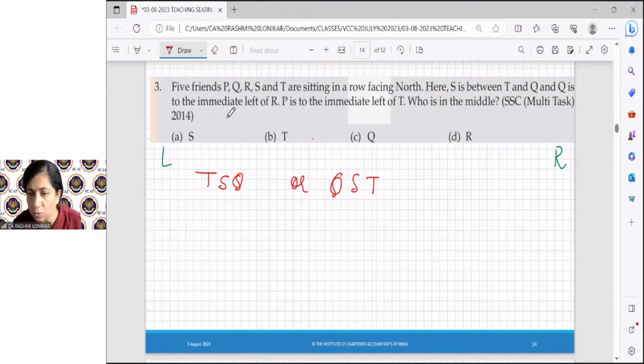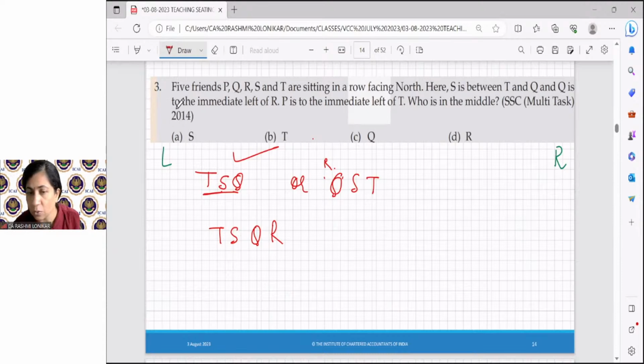Q is to the immediate left of R. So I have R, and immediate left of R is Q. So I must use this arrangement, otherwise Q will be to the right of R and not to the left.